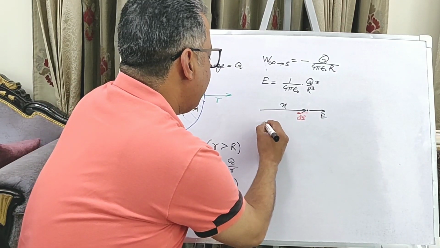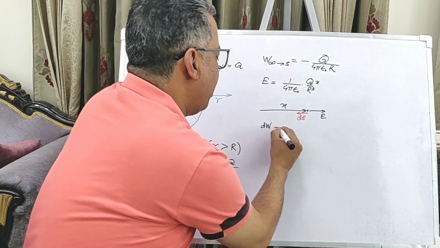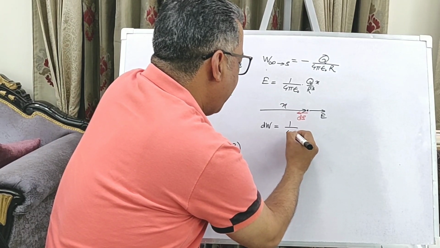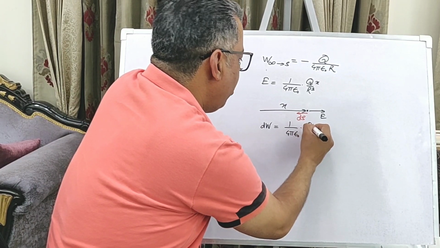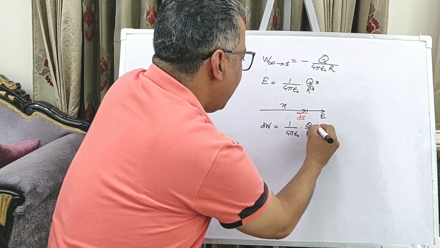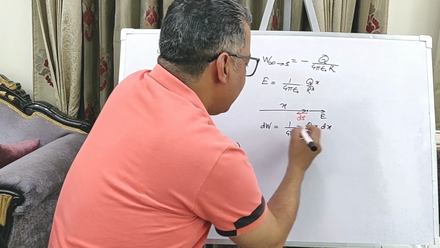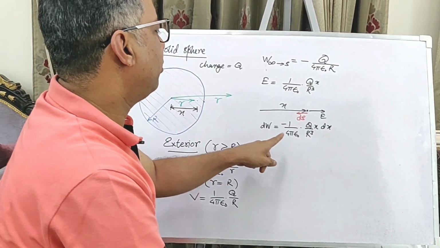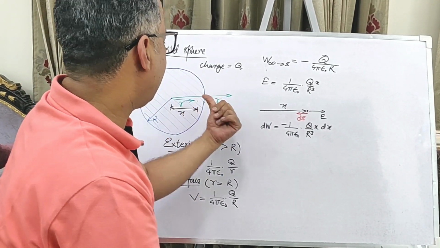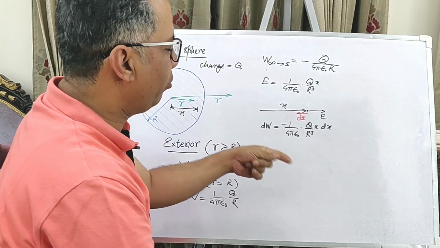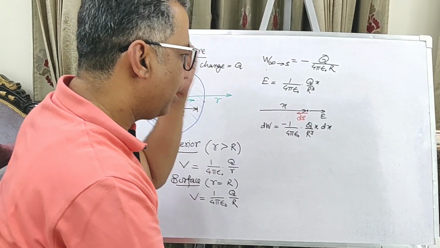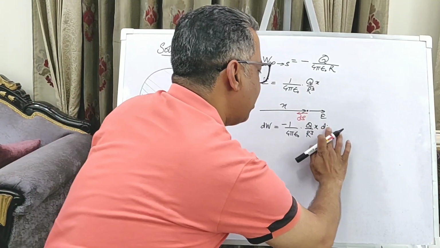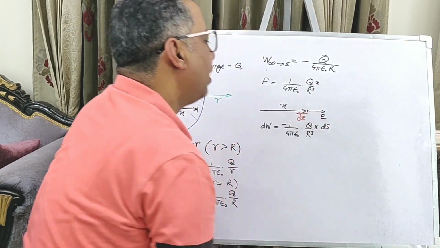Then the work dW done by the electric field on a unit positive charge will be equal to 1 by 4 pi epsilon naught Q by R cube x into ds. We are assuming the charge to be positive, so the field is outward and the displacement is inward, the opposite direction, and therefore the work done is negative.